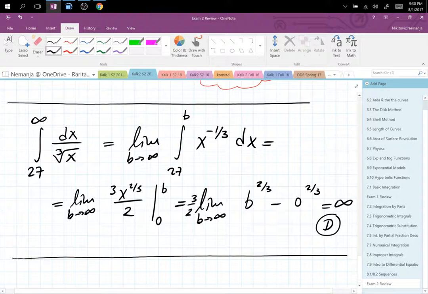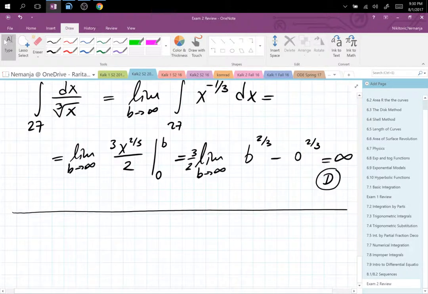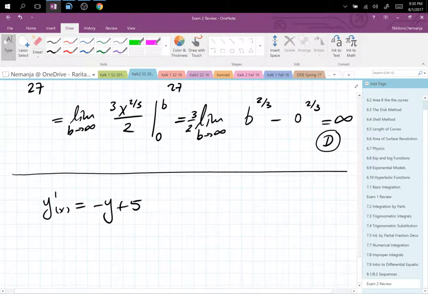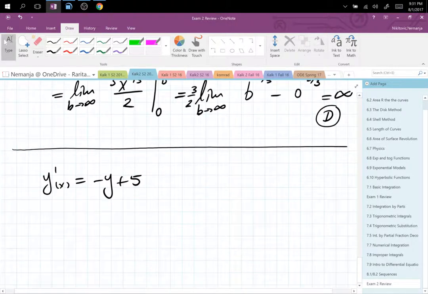Differential equation? y prime of x equals negative y plus 5? Without using the formula, yes. So you have two ways to solve this. If this shows up on the exam, you either memorize the formula and just unleash the formula, you're done, or you can use separation of variables and go through the entire thing.